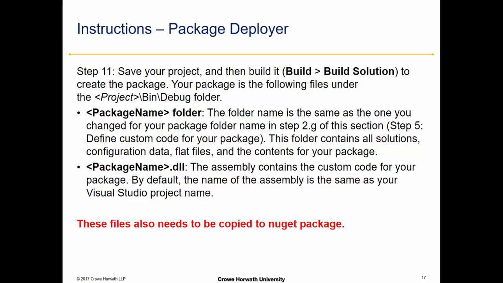This folder should be copied to the bin directory of the folder, and then the project name .dll should also be copied to your NuGet package. So everything should be inside this folder, and the DLL should be copied to the NuGet package. Once that is copied, then we can utilize this in the deployment of the CRM components.